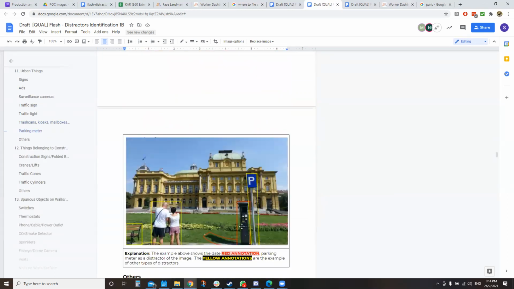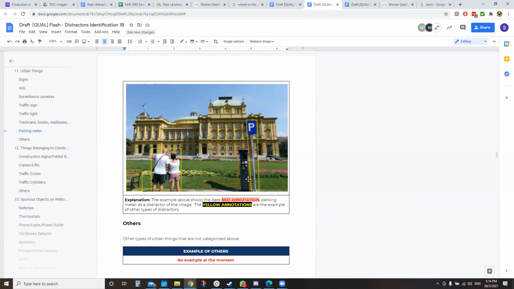Parking meter. So this is the tricky one. I didn't speak of this earlier, but we will talk about it now. If you can see this, this is the shadow of the parking meter, which is a distractor, correct?